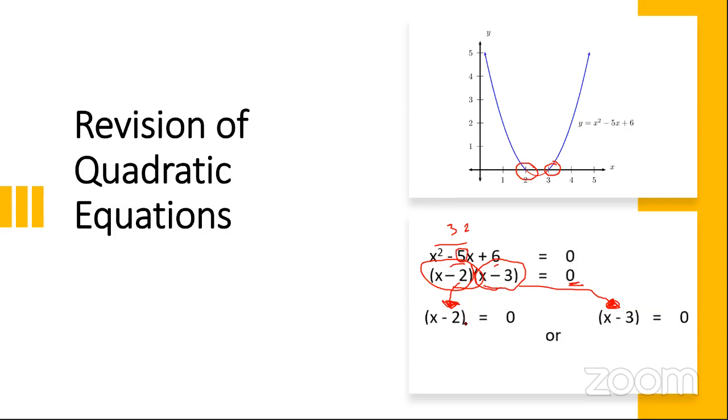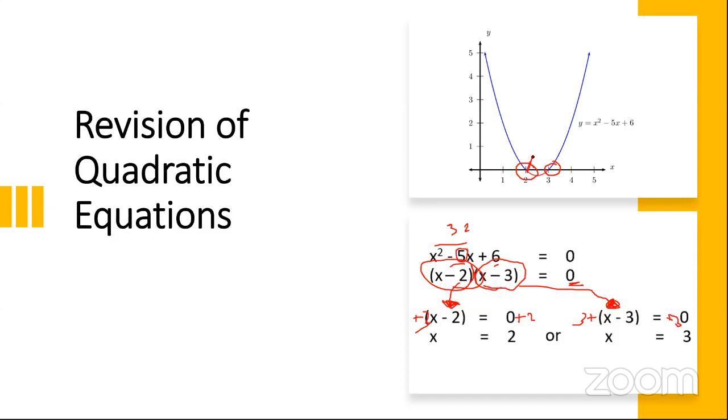What you do on the left, you do on the right, because we are trying to get x only on the left. So we add 2, and that puts us at an answer of x equals 2. Same applies to this side: what you do on the left, you do on the right, and we find that x is equal to 3. Right, guys?